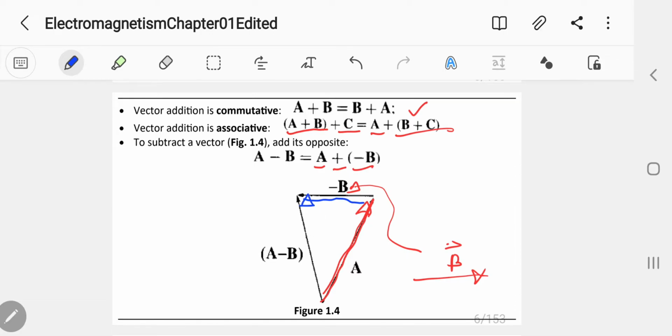What is the sum, or the resultant? The resultant is A plus negative B, but in this case it is the difference of two vectors because you're adding a negative. So A minus B is represented by this.